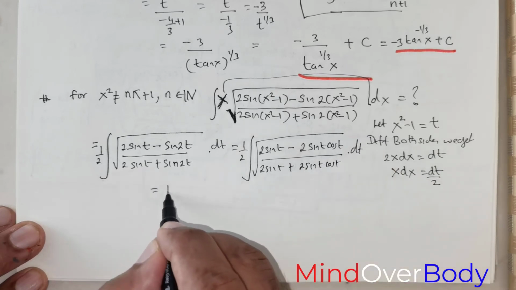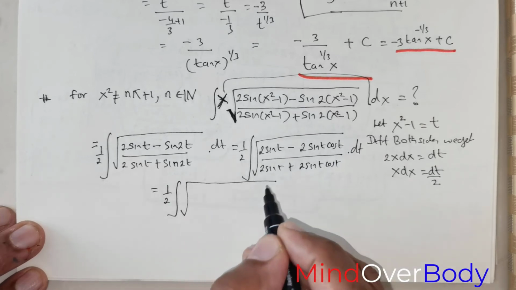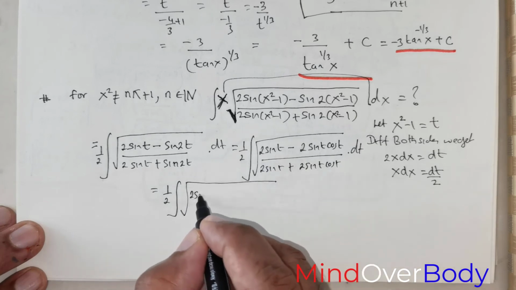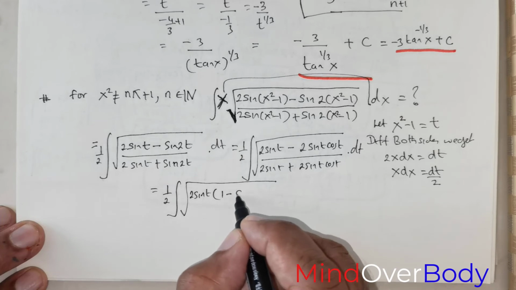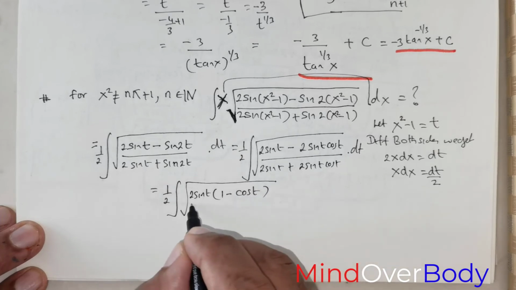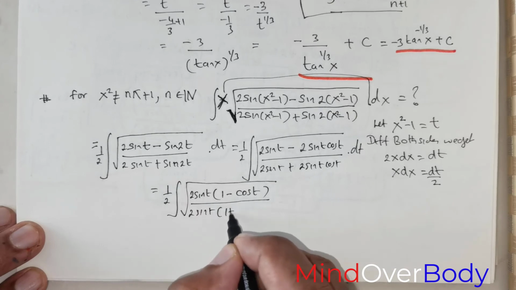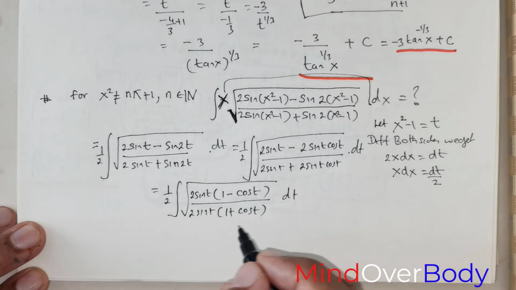This is equal to 1 over 2 times integral root of, I can take 2 times sine t out, and that would give me 1 minus cos t divided by 2 times sine t out, that's going to be 1 plus cos t, times dt.